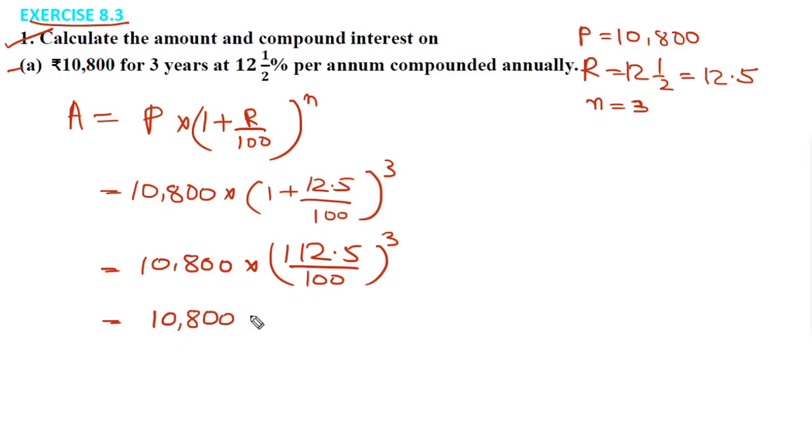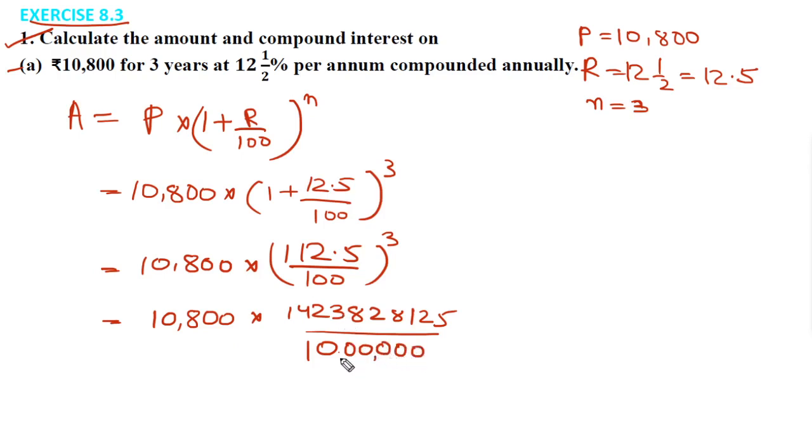Which will be equal to 10,800 into 1423828125 divided by 1000000000000.